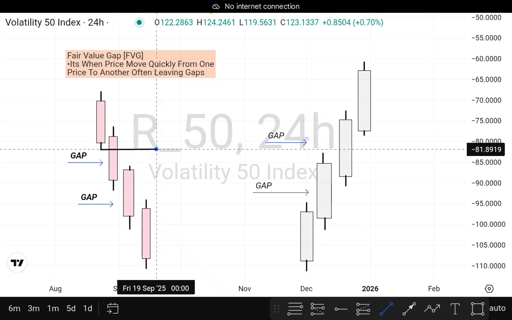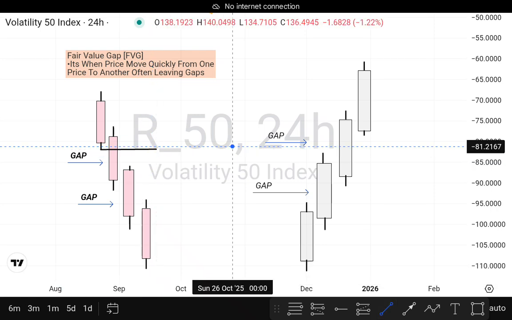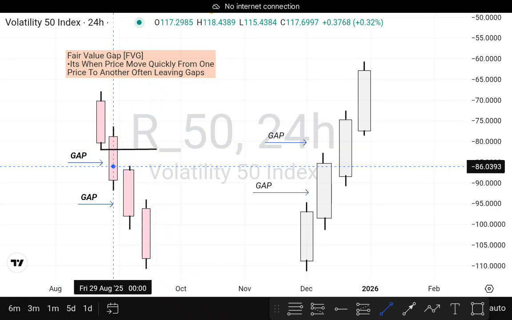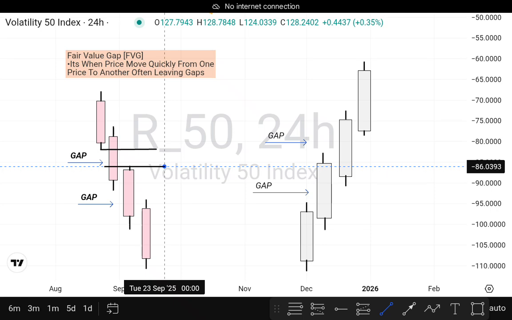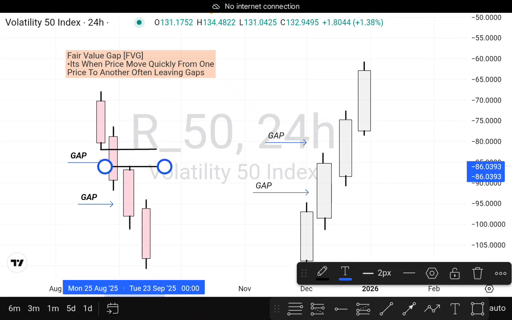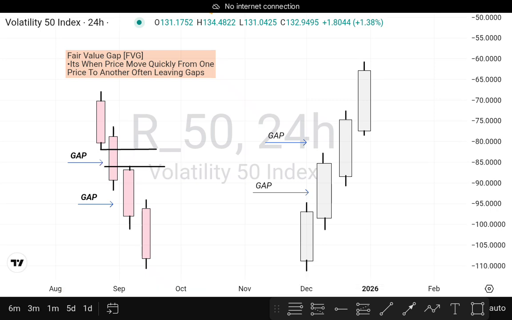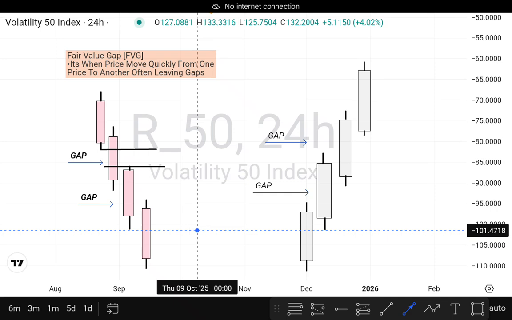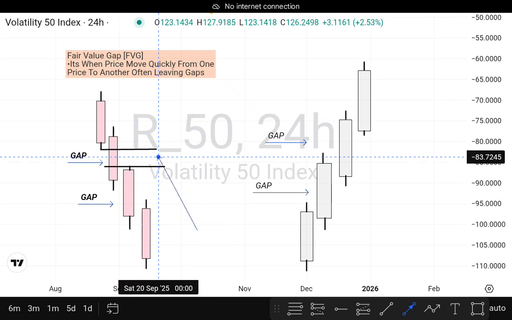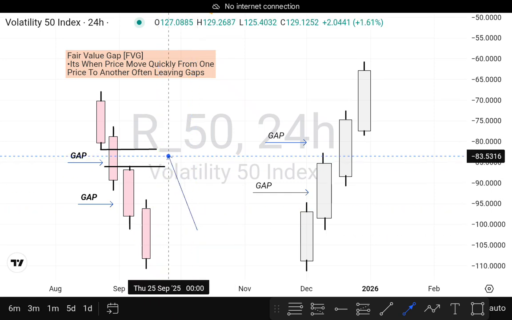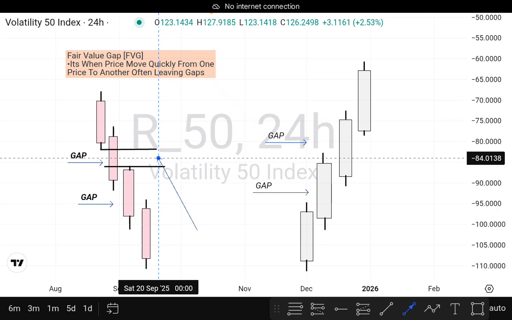Okay, as you see, this week ends here, and then this new week candle ends here. Okay, the fair value gap must be formed in between the first and the third candlestick. As you can see right here, there's a gap, guys. So market will usually push up to fill this gap and continue selling.